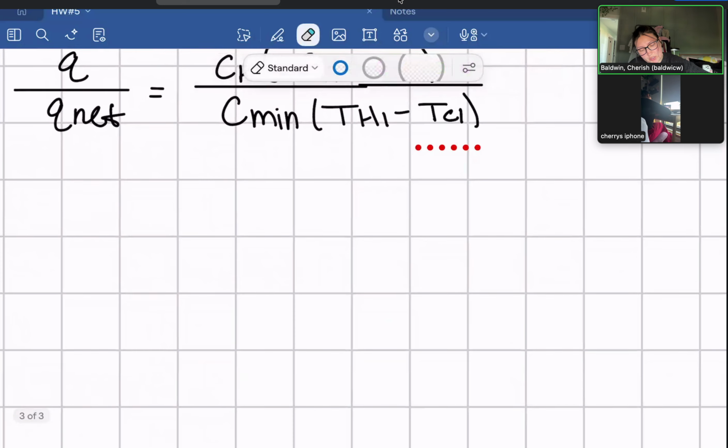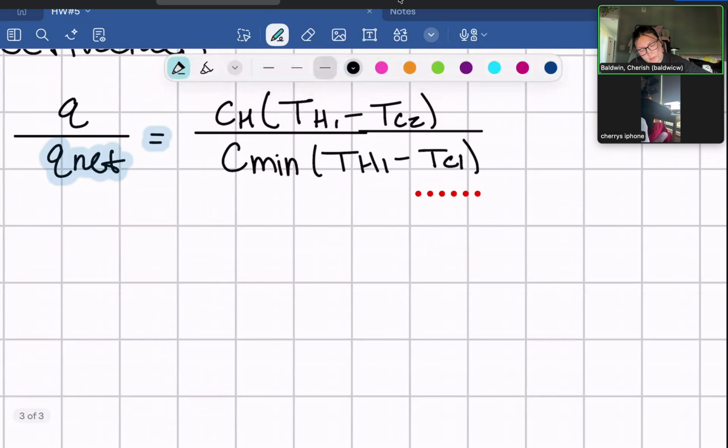And this bottom term is the max heat transfer.